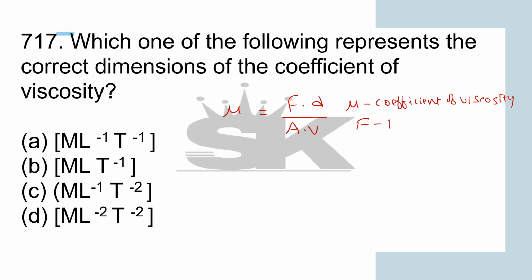F is force, A is area, D is distance, the distance between two consecutive layers of liquid present over each other. V is velocity.